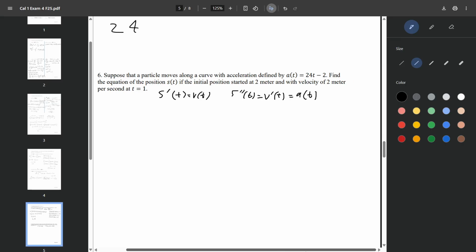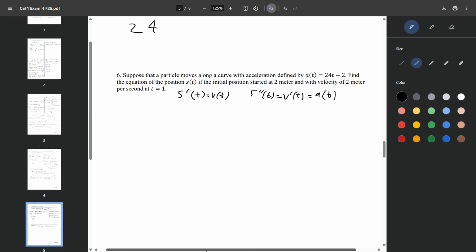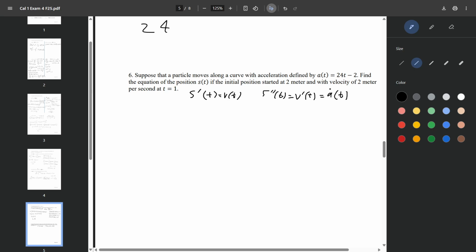So in other words, what we want to do is go backwards. We want to take our a of t and then find v of t, and with that find s of t. So the way we're going to find our first step of v of t is to take the integral of a of t, as that will give us v of t.